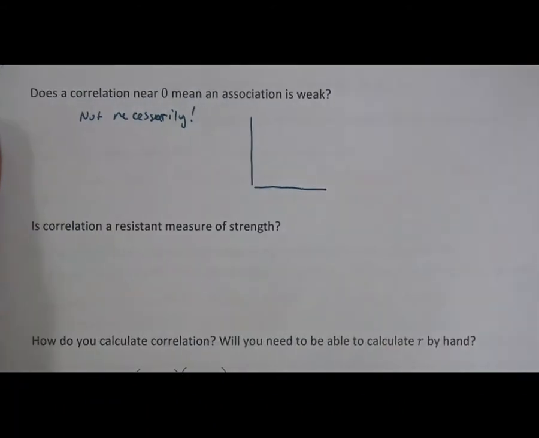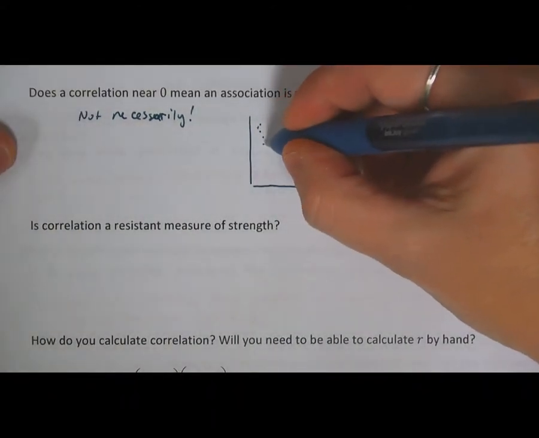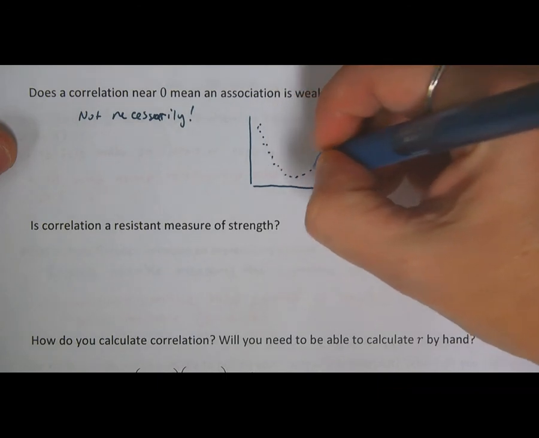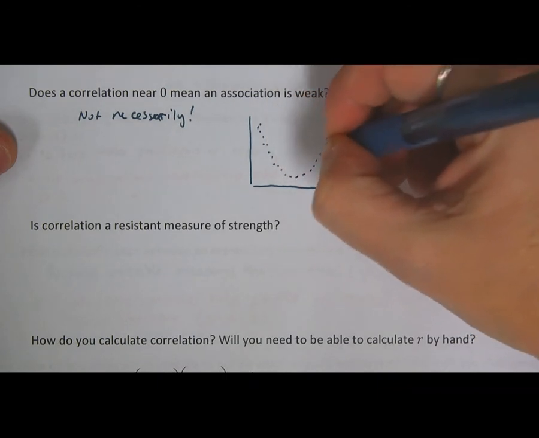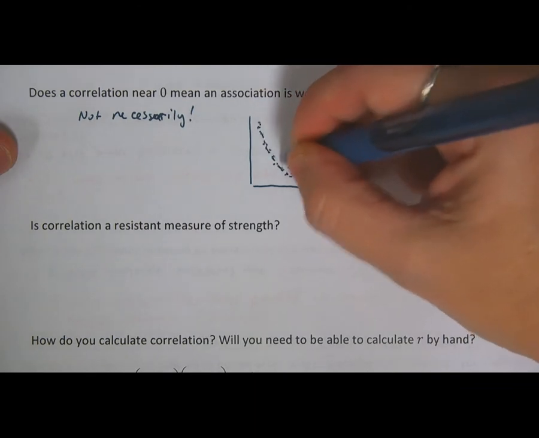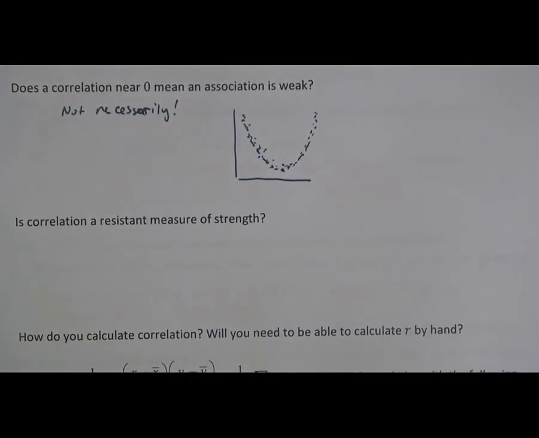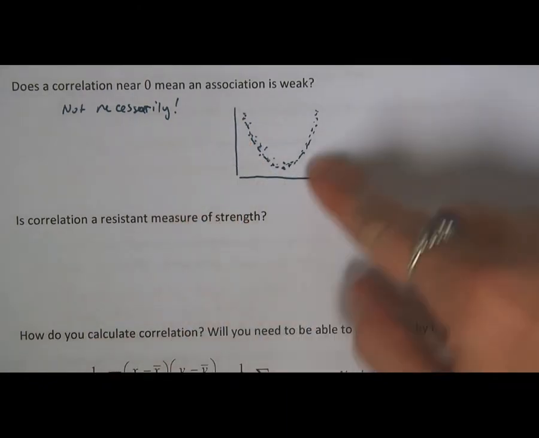This is a kind of rare instance, but you might see this. It is different than the curves I've been drawing, and here's why. Go ahead and draw the scatter plot in kind of this U shape.